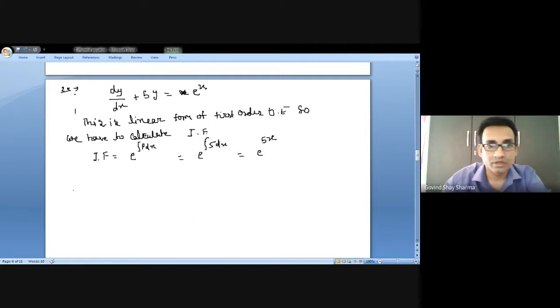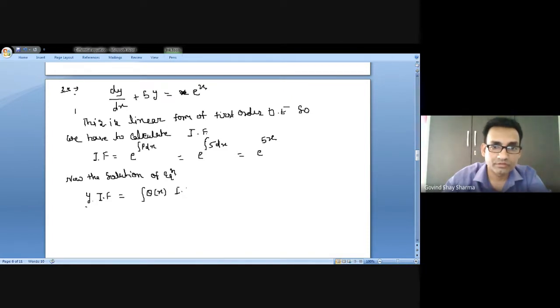Okay. Now the solution of the equation: y dot IF is equal to integration of IF times Q(x) dx plus constant.